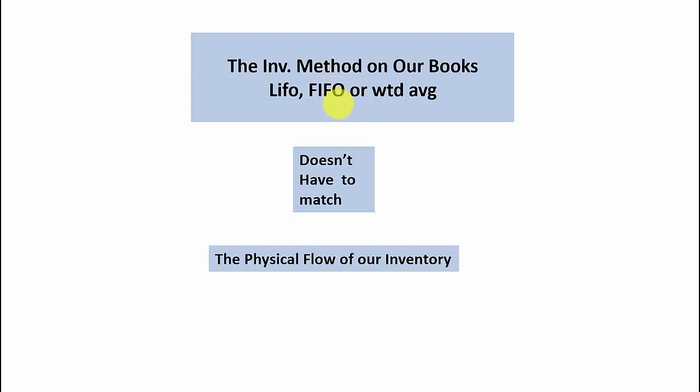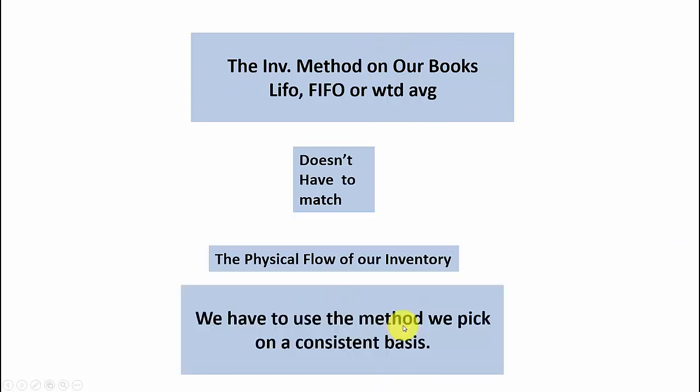But even if you used FIFO in the grocery store as your physical way to account for your inventory, you could use LIFO on your books. It doesn't have to match. What matters is that you have to use a method and stay with it on a consistent basis, so you get comparable inventory and comparable financial statements.